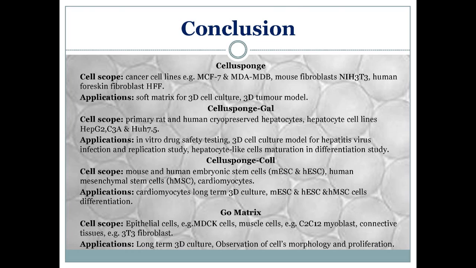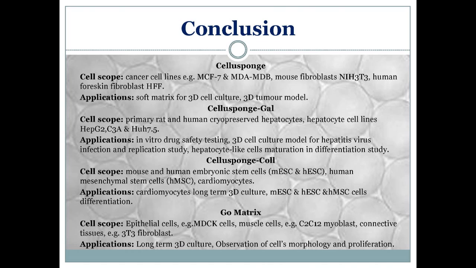In terms of Cellosponge Collagen, it is designed for mouse and human embryonic stem cells and human mesenchymal stem cells and cardiomyocytes. Its applications: cardiomyocytes long-term 3D culture, mouse and human embryonic stem cell and human mesenchymal stem cell differentiation.